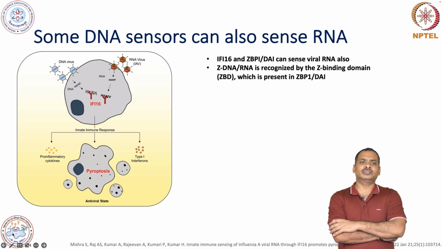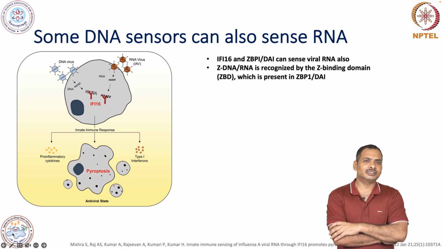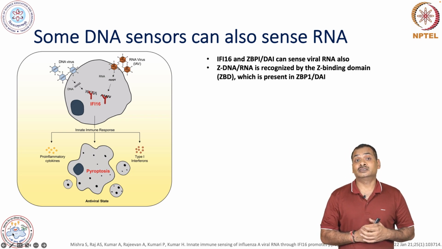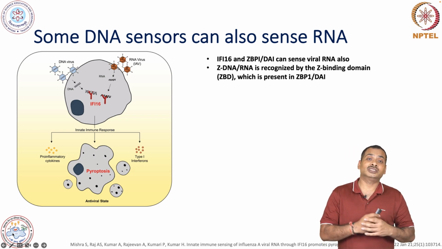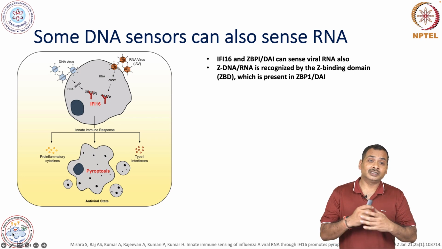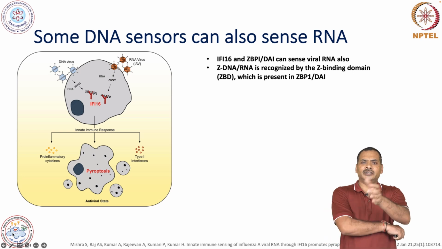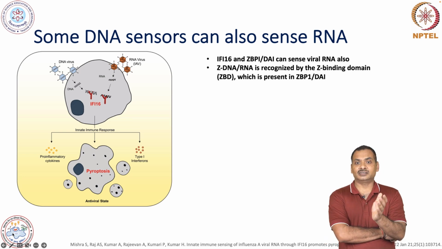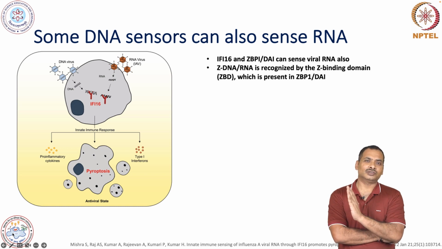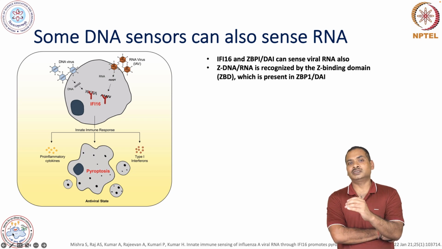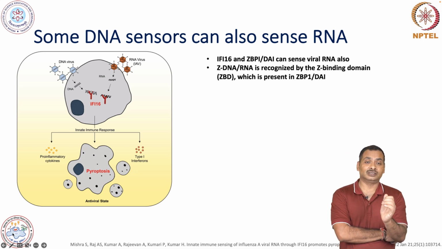Here we have discovered that IFI16 is not only playing an important role in sensing DNA molecules, it also senses RNA, and the RNA is basically from influenza virus. So, here you can see that IFI16 can sense viral RNA from influenza virus. They do not sense RNA from other viruses, at least what we have tested, that is NDV, Newcastle disease virus.